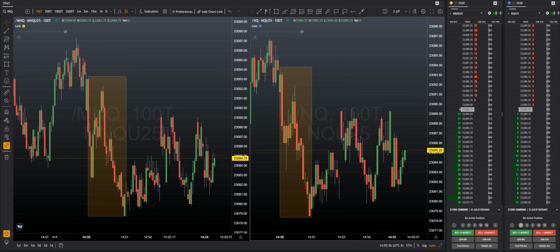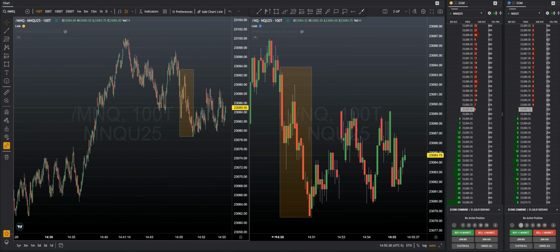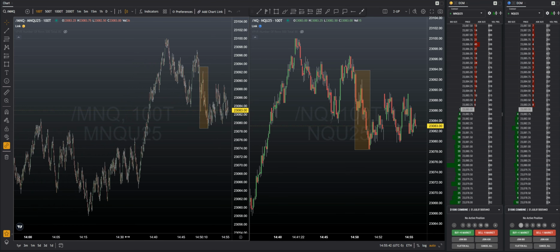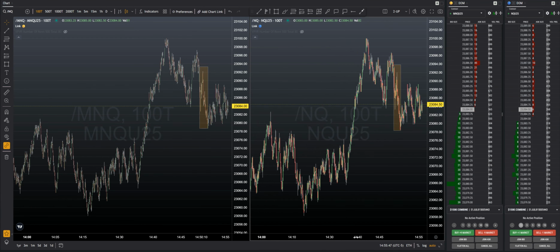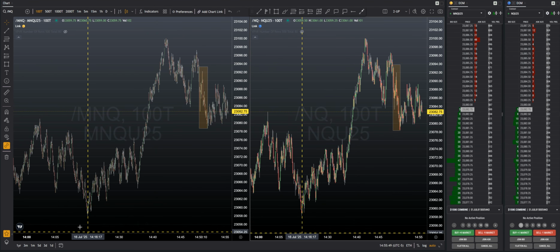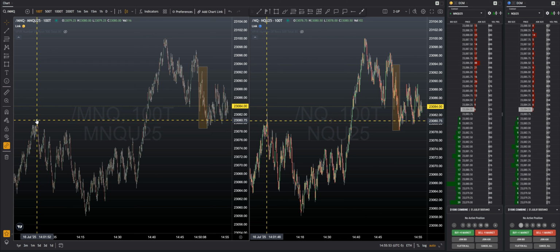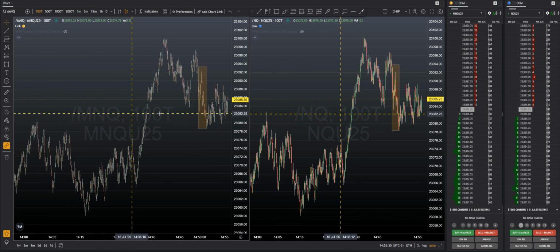And if you actually scroll back on these charts, you can see clearly. Let's get the right time. Let's bring this down to 1400 on the left. That's 2 o'clock. And we'll move this to 1400 as well. So 2 o'clock. Here is 2 o'clock on the left side of each chart. And if I move my mouse across here, if I highlight this peak, we can see what the peak looks like.